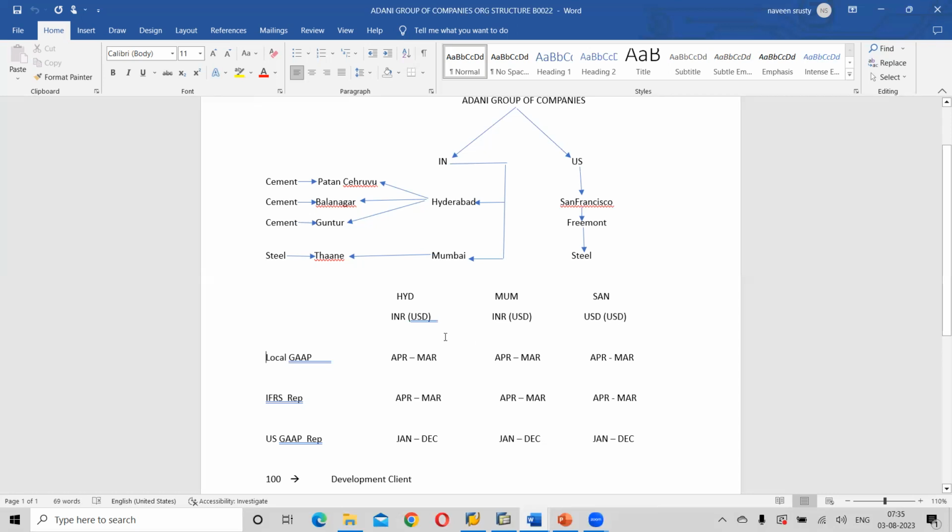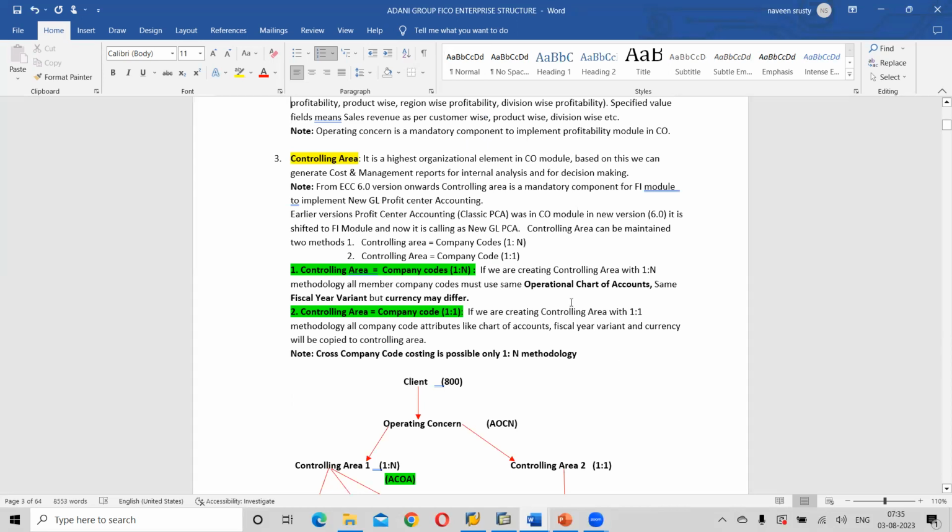The Hyderabad company can use INR, Mumbai can use INR, and San Francisco can use USD. The currencies are different, but the fiscal years and charts of accounts are the same, so we can use the controlling area 1:n methodology. Understood this?